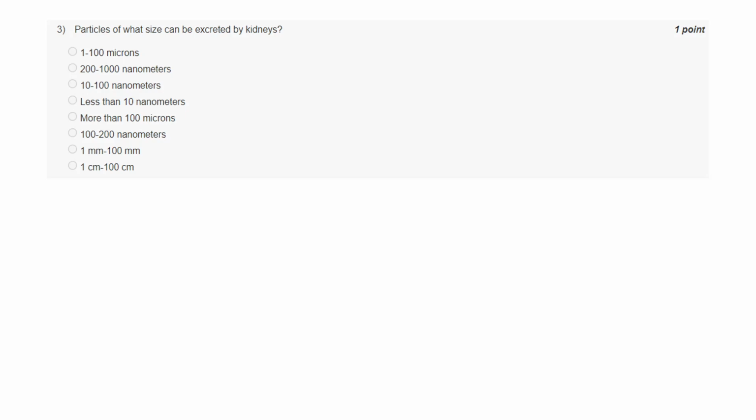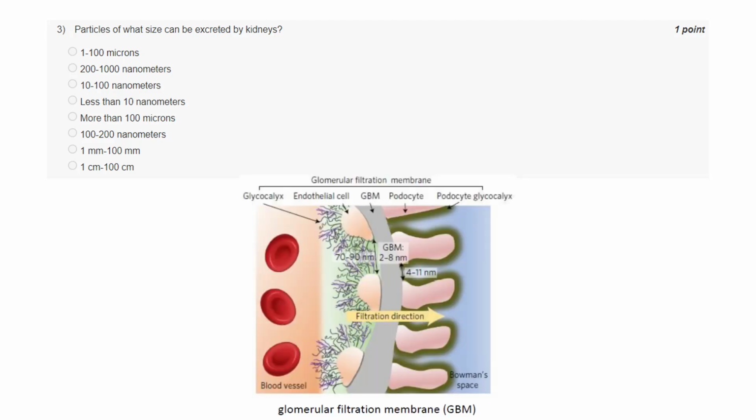Okay, so I'll first discuss what this concept is and then we can look at the answer again. This is the glomerular filtration membrane, from where all the metabolites in our body get filtered through the kidneys. Here you can see, I hope you can see my cursor, this is the gap from where drugs are actually going to be eliminated.